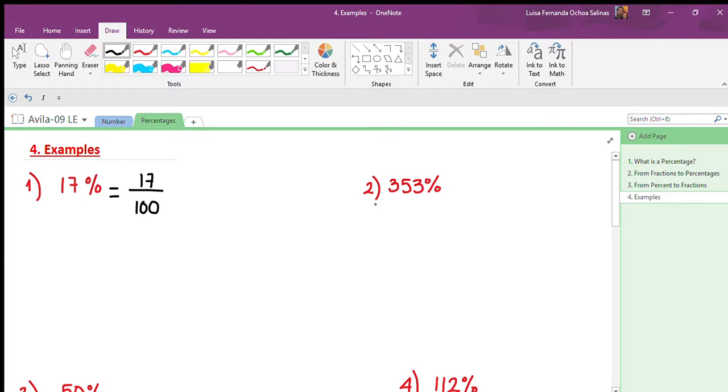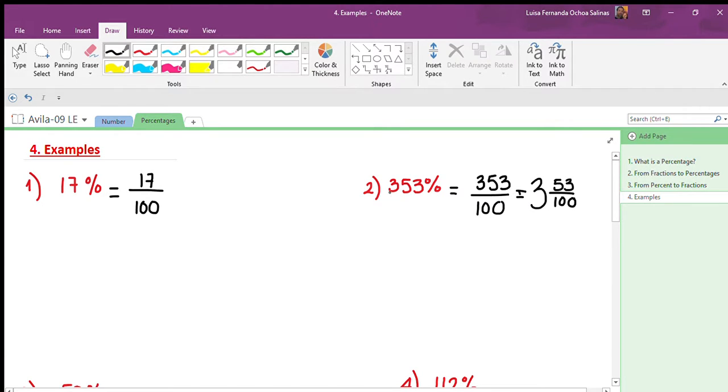Actually, they're going to be 3 whole units. So if we do 353 out of 100, and we use our CAS calculator, I'm going to show you how to do this in another video. So if we do this out of 100, I have to change it to an improper fraction. It says that this is equal to 3 wholes and 53 out of 100, which makes sense because I know that I had 300.